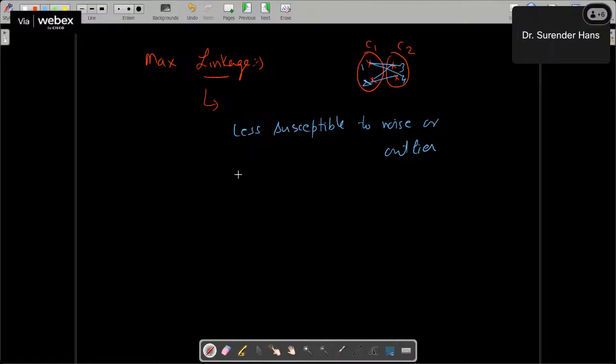Non-convex shape means like this one, this one, where one is big and another is small. That is the disadvantage of the max linkage method.